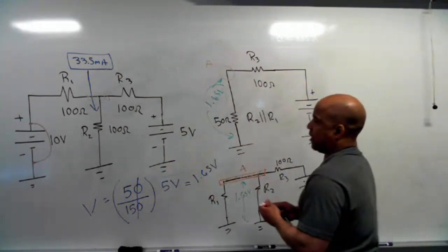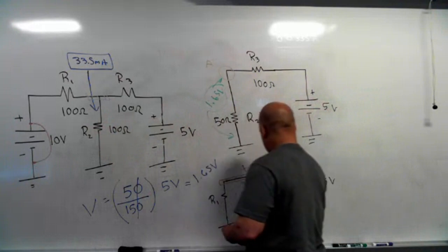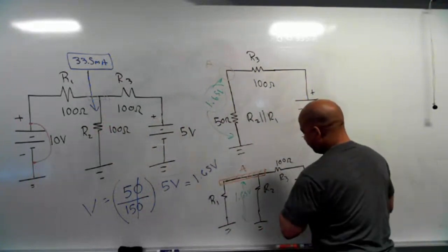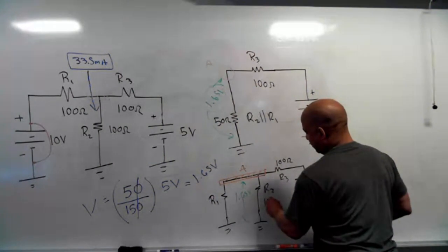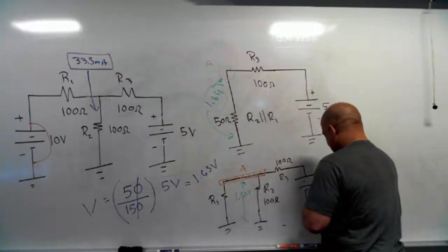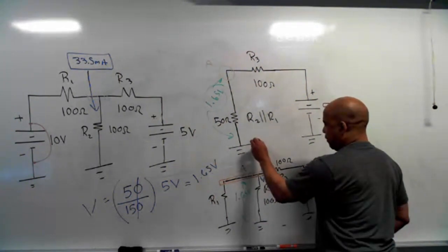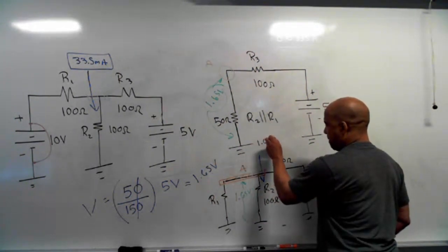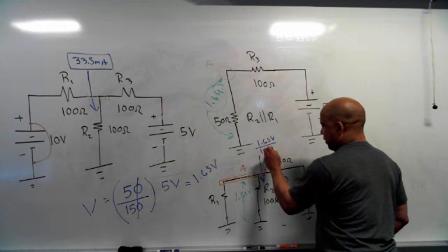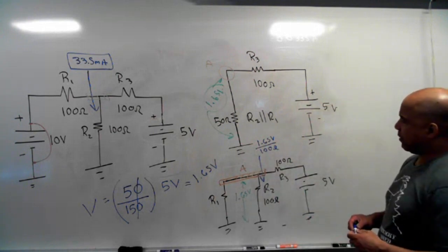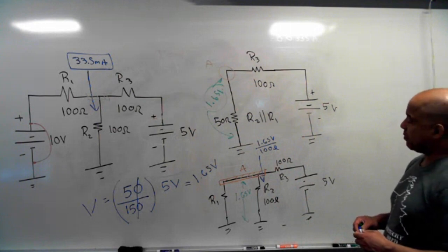And what I want to do is find the current in R2. So I want to find the current in this resistor. Since R2 is 100 ohms, that current is real easy to find. I'll just take the voltage across the resistor divided by the value of the resistor. And I think when you do the math, you'll get 16.5 milliamps.